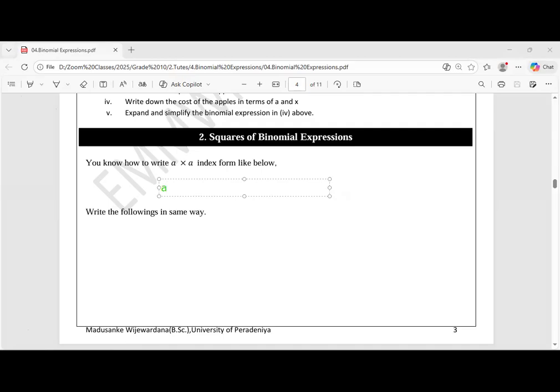Simple A into A equals, how are you going to write it in index form? A to the power 2. Please write it.